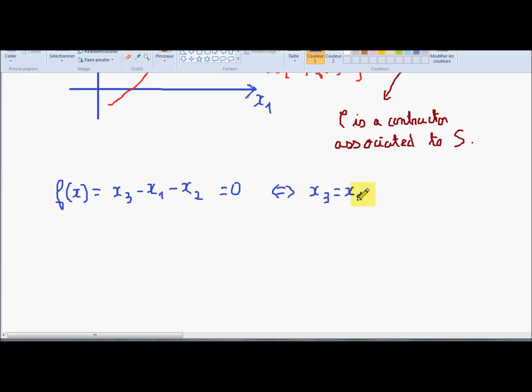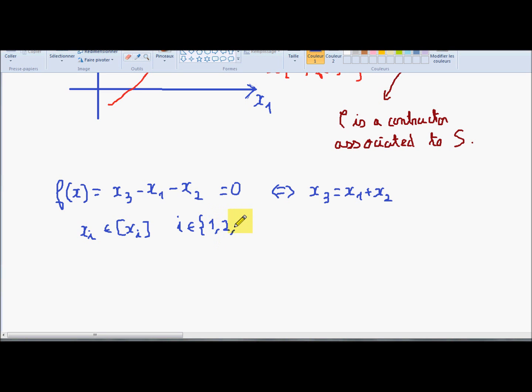So how can I define a contractor for this? I assume that I know that xi belongs to an interval [xi], for i equal to 1, 2, or 3.